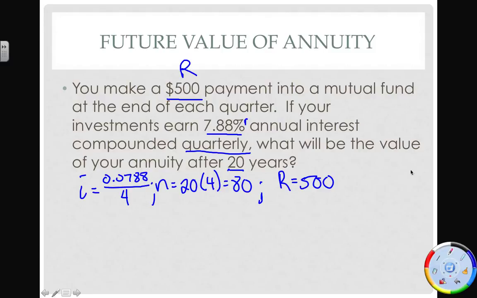And that's actually all I need to know. Notice the formula is not really that hard. It's just picking out the pieces that you need. So my future value is 500 times 1 plus I, and I'm going to use I in my calculator. I just want to write out the decimal here. To the 80th power plus 1, minus 1.